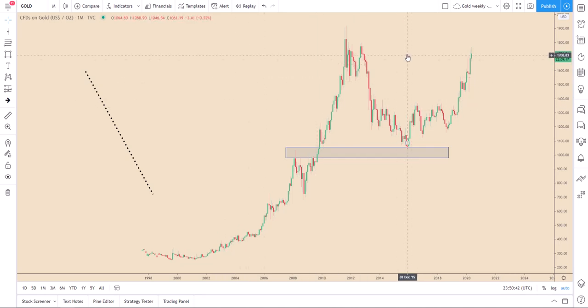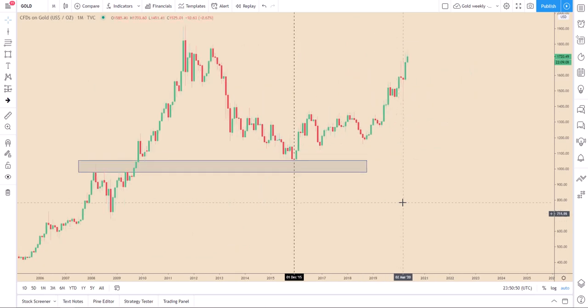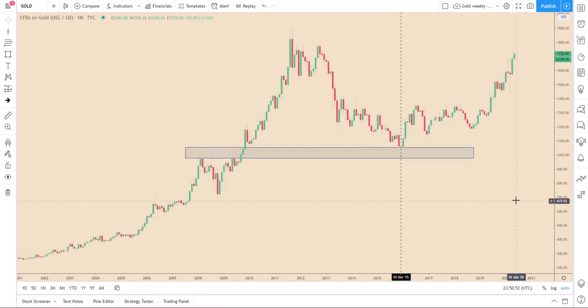So here we are in the end of 2015, December 2015, and notice that on either side of that vertical line, the behavior in this chart is distinctly different. Gold on one side of that vertical line is acting in a certain manner.